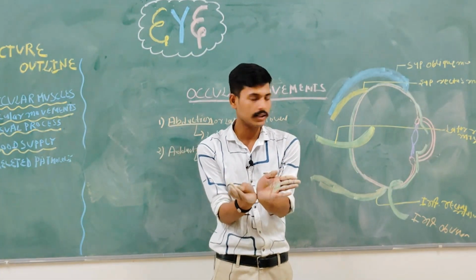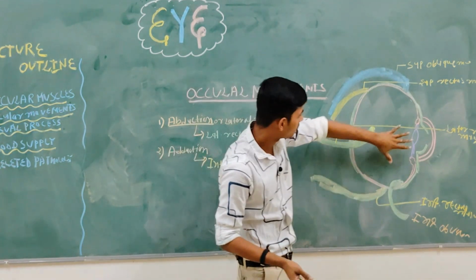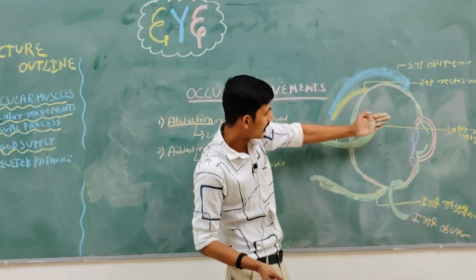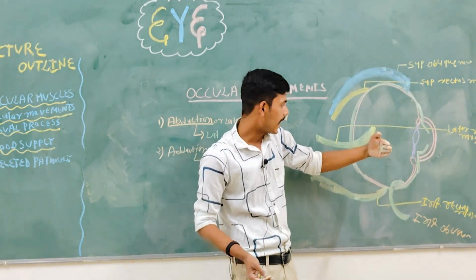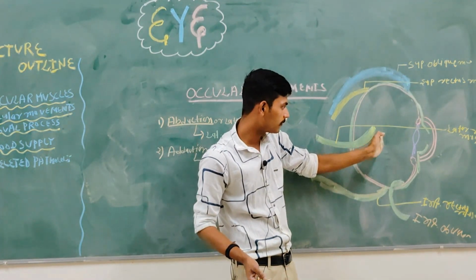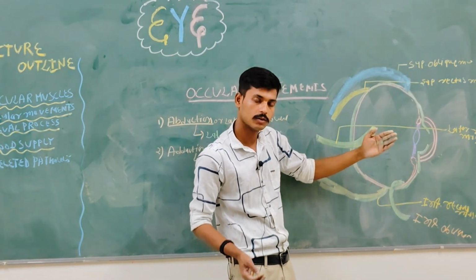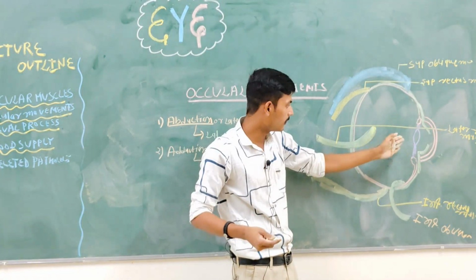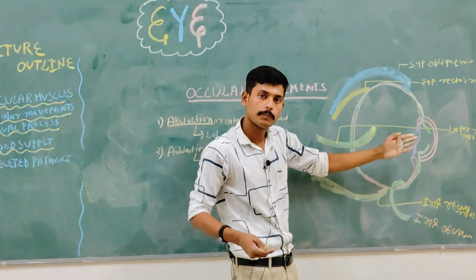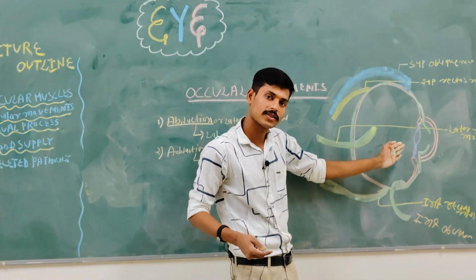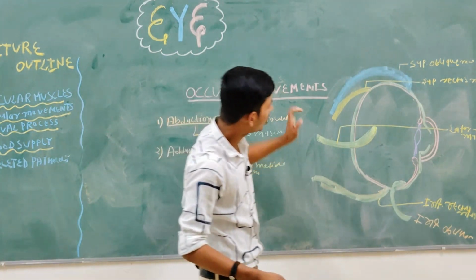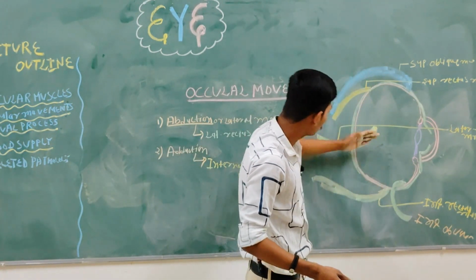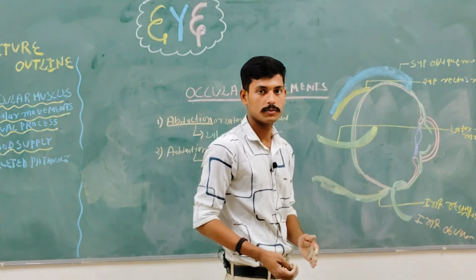First is the outward movement, which is done when these muscles contract. The eyeball will move like this. And if there is an inward movement of the eyeball, then there will be a contraction of the medial rectus, or internal rectus. This internal rectus is not shown in this diagram because it is present on the opposite side of the eyeball.